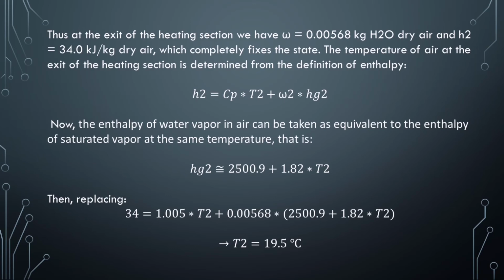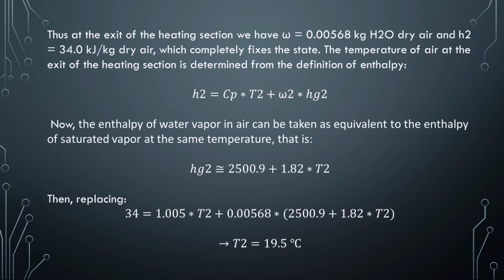The temperature of air at the exit of the heating section is determined from the definition of enthalpy. Again, this equation, but we need an equation for temperature 2, only for temperature 2. That's why, remember, the enthalpy of water vapor in air can be taken as equivalent to the enthalpy of saturated vapor at the same temperature.